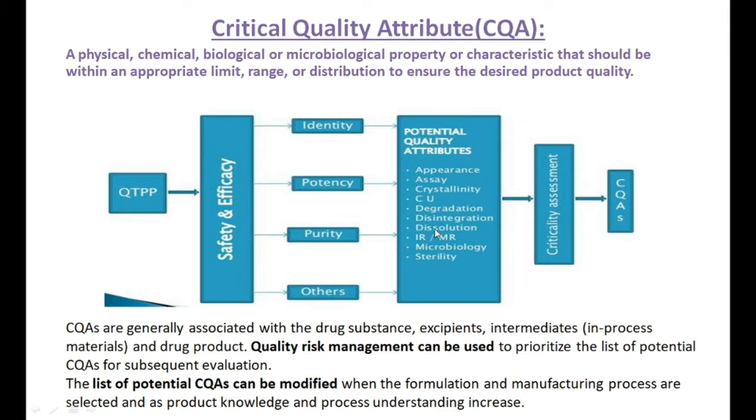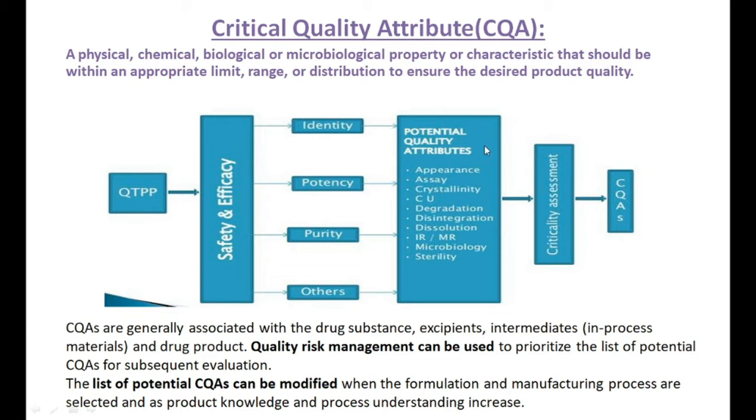In this image you can see that it can be appearance, assay value, crystallinity, content uniformity, degradation, disintegration, dissolution, whether it is immediate release or modified release, the microbiological attributes, sterility. So these are the QTPP, and out of this, those which are critical to quality can be identified, and these are called CQAs.